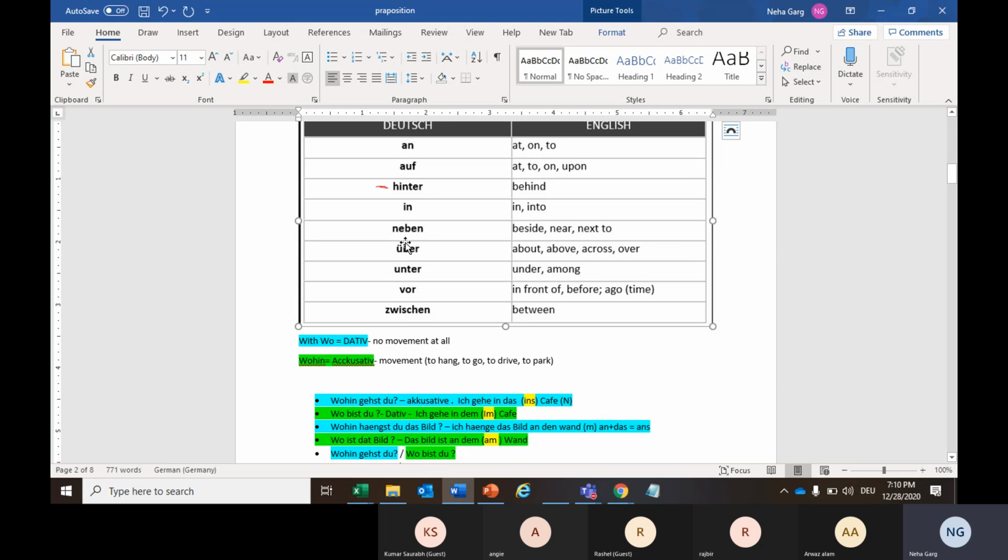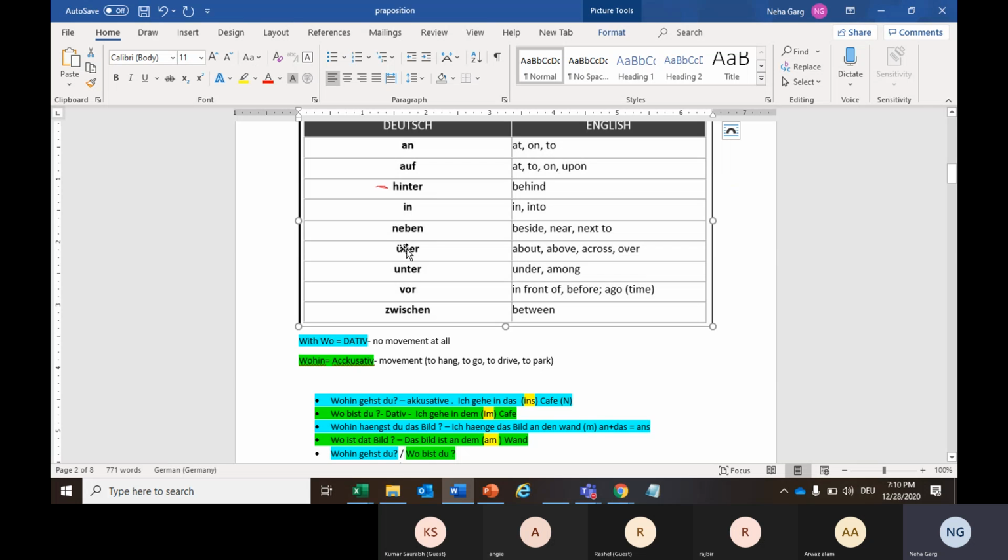If I'm putting a book on the table, then I will be using auf. But if there is a fan moving around my head, that is over or above. So when there is a gap, we use über, like above or over something, and when there is no gap, we use auf, on top of something.